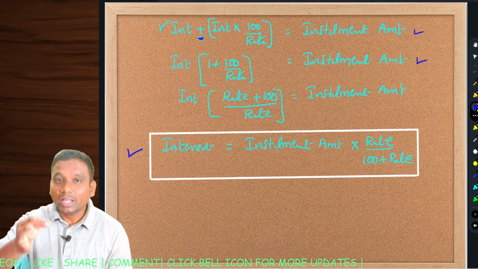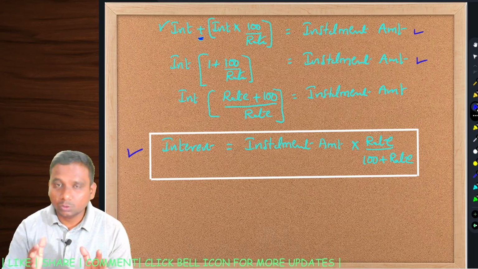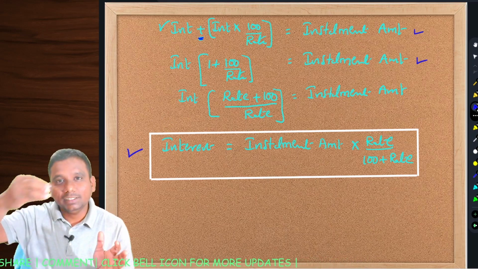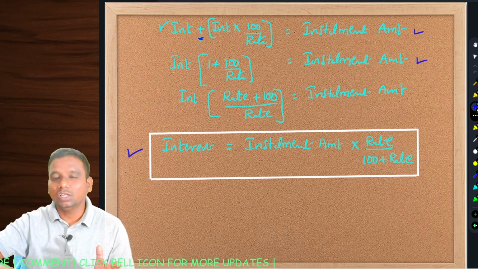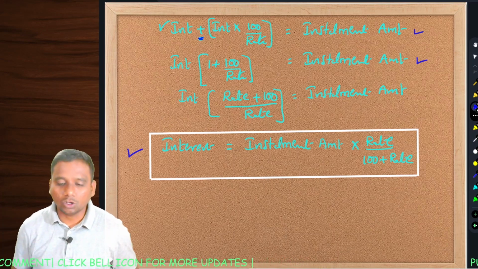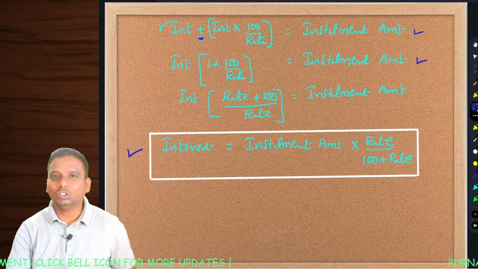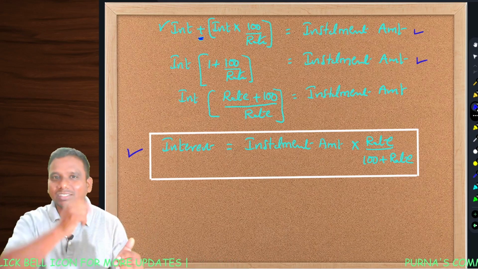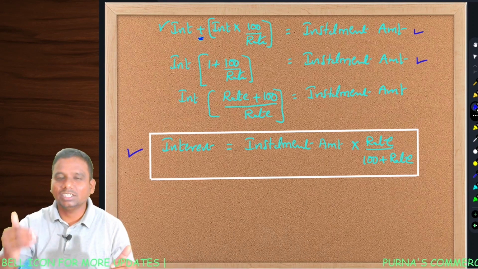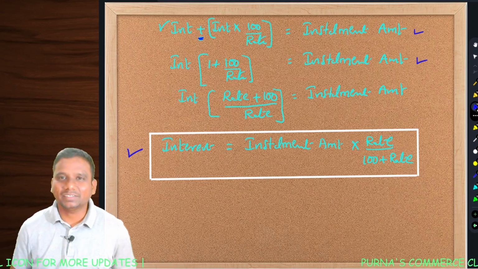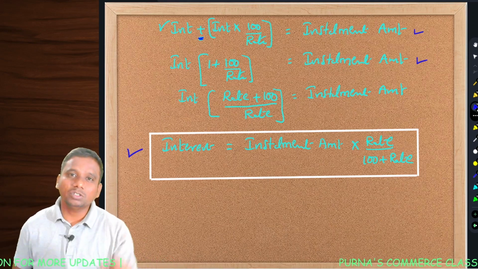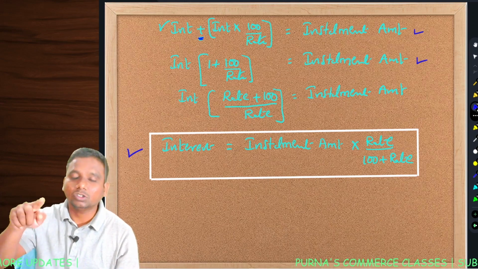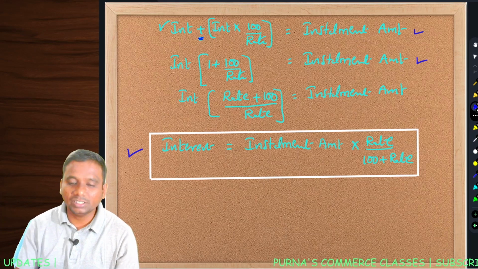So to calculate the interest portion in the installment amount, what is the formula we are following? Interest is equal to installment amount into rate of interest divided by 100 plus rate. Normally, the formula to calculate interest is interest equal to principal amount into rate by 100. But here the formula is different.